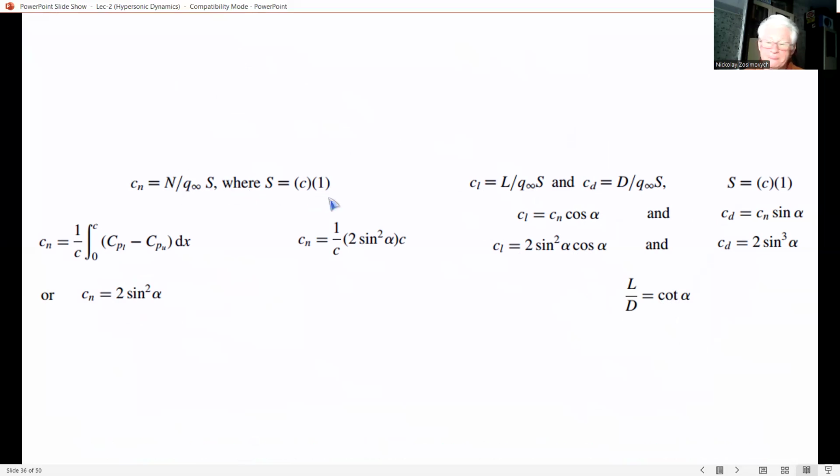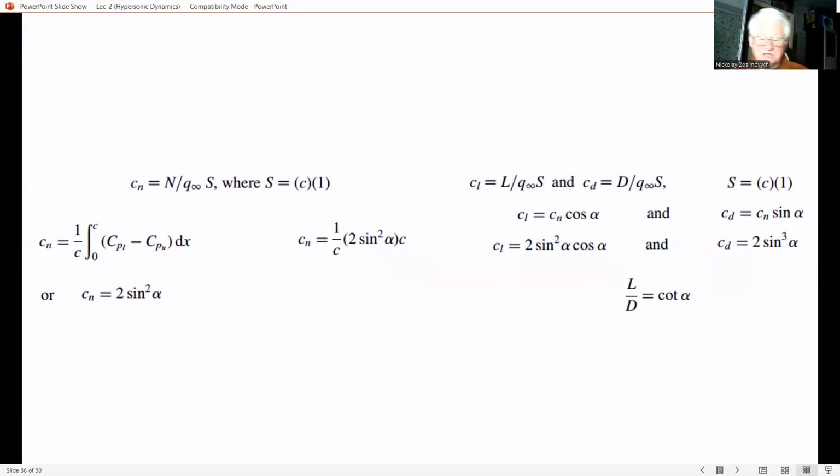Defining the normal force coefficient as Cn, equal to N, the normal force, over q times S, where S is c times 1 unit, we can readily calculate it by integrating the pressure coefficient over the lower and upper surface. Let's see the derivation here: Cn equals 1 over c times the integral from 0 to c of Cp lower minus Cp upper, dx. Here x is the distance along the chord from the leading edge.